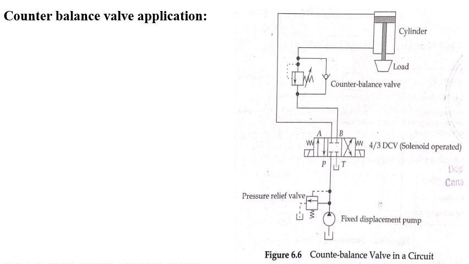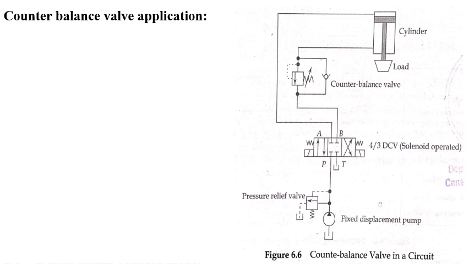Look at here, there is a counterbalance valve, and the remaining parts are as before, you can see here. There is a reservoir and pump, pressure relief valve, 4 by 3 direction control valve. It is solenoid operated, and a cylinder like actuator. Okay, this is a linear actuator.